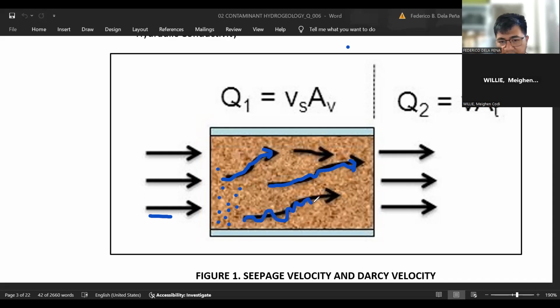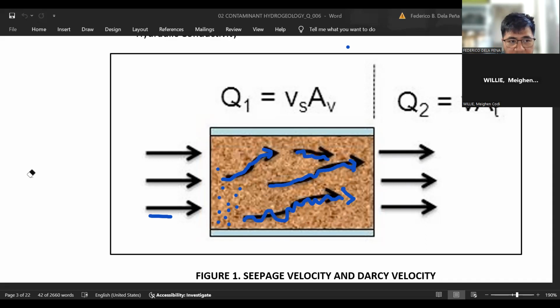They will have to literally snake through the pore spaces. And if you actually measure the whole length traveled by these flow paths within the media, it will be relatively long if you have to stretch out the whole total length traveled by these flow paths.